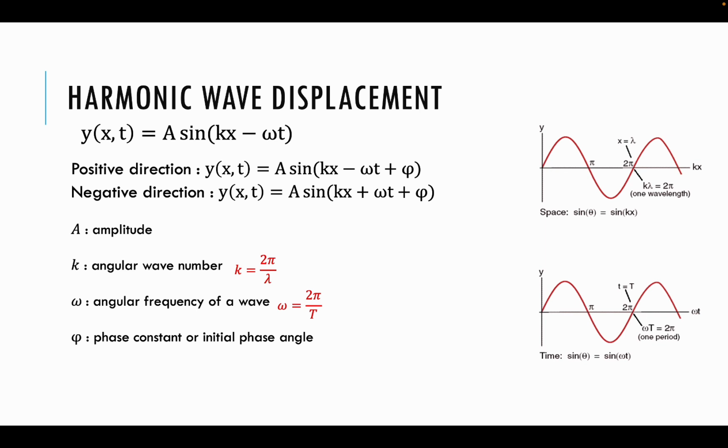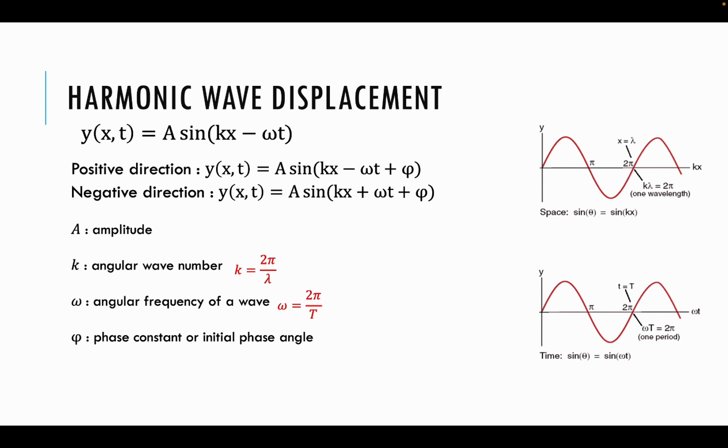Consider a transverse harmonic wave traveling in the positive x direction. Harmonic waves are sinusoidal waves. The displacement y of a particle in the medium is given as a function of x and t by, for the positive direction, y(x,t) equals A sin(kx − ωt + φ).